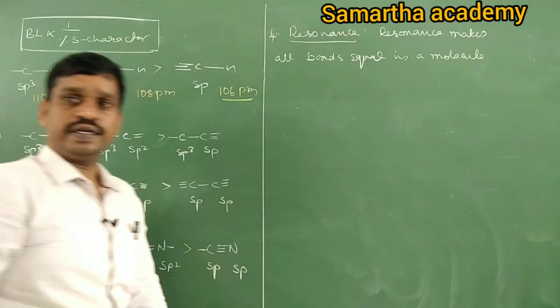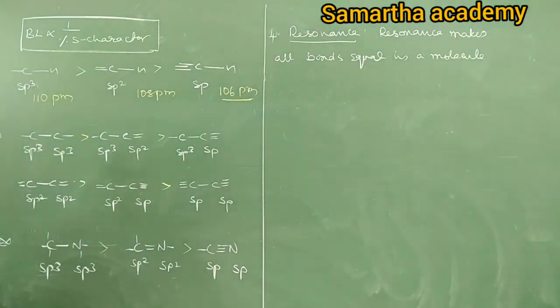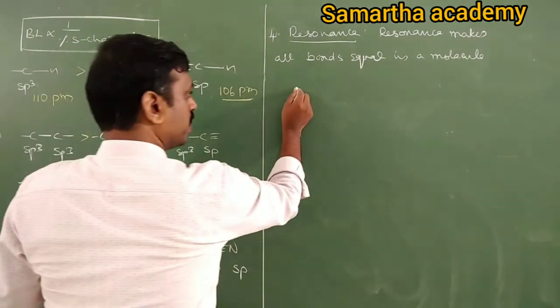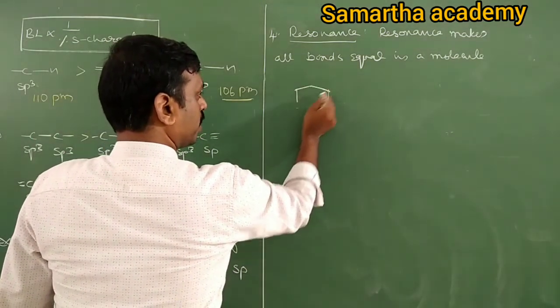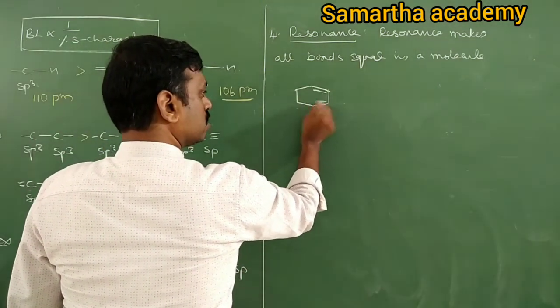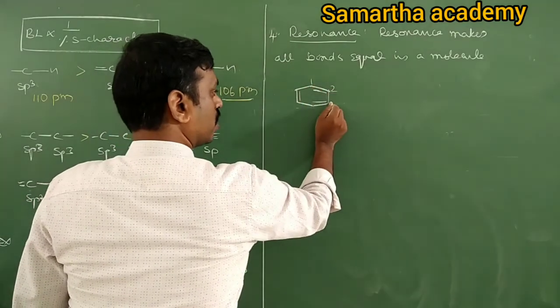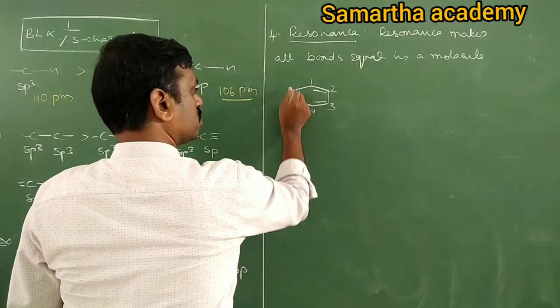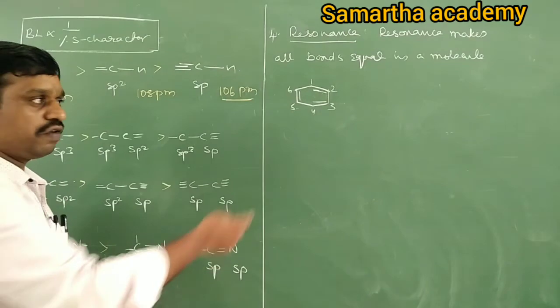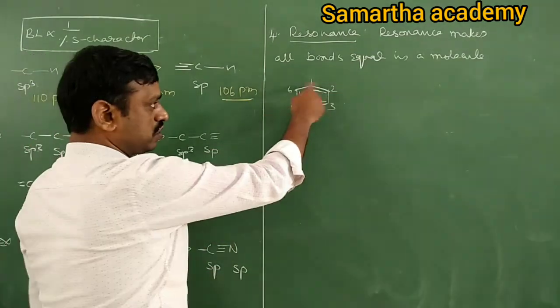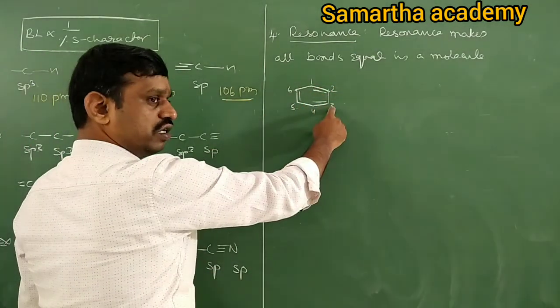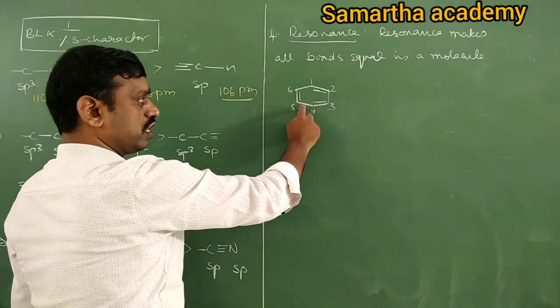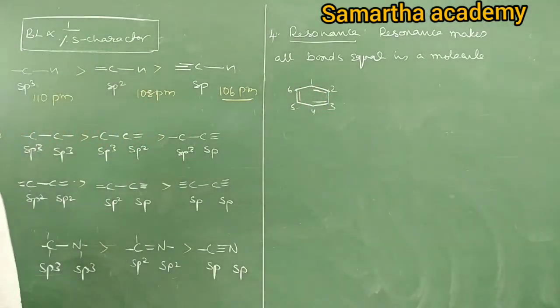So this we have studied. Tell me where you have studied the concept of resonance. For example, benzene. We know that benzene has double bonds and single bonds. Between the first and second carbon, double bond; second and third, single bond; double bond, single bond alternately.